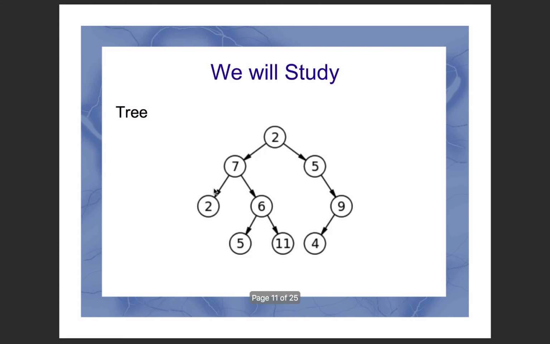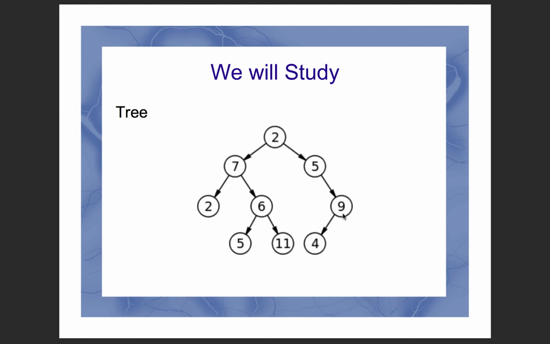The next one is tree. Tree is another data structure for keeping data. Here you can see that there are several data items which are linked to each other. A tree has several concepts, and we'll learn about trees in this course.